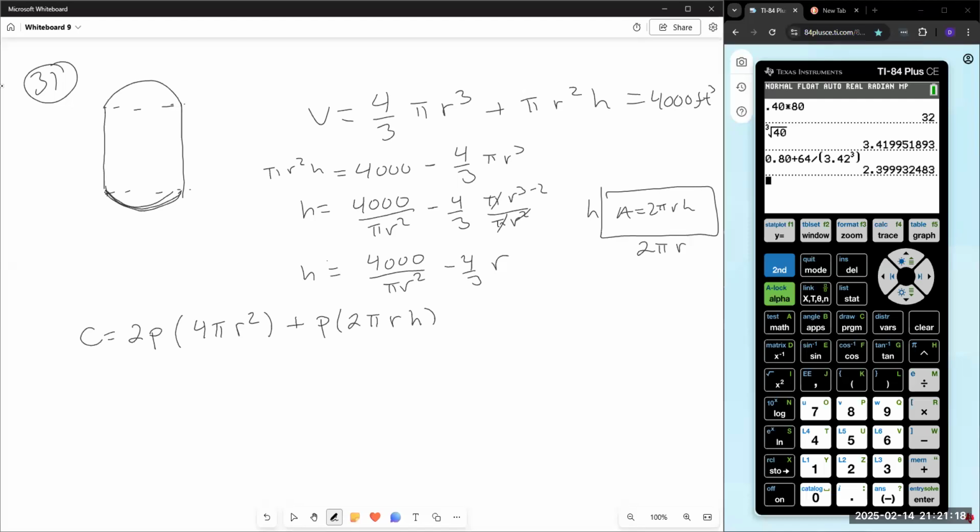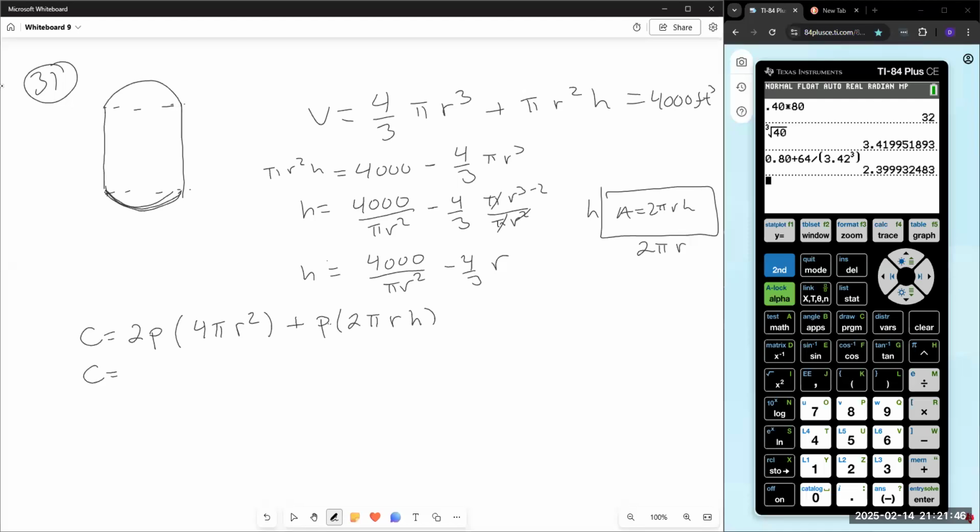This is 2 times the price of the lateral surface area to get the price for the spherical ends, the hemisphere ends. The price of the lateral surface area is what P is. So let's go ahead and replace h and pull all the other variables out as constants.